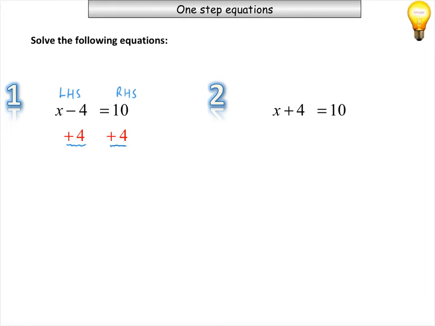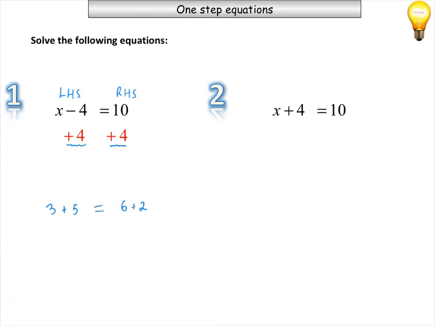And let me just go through a simple scenario of why we add 4 to both sides, or do the same operation to both sides, by looking at this simple case. Okay, so 3 plus 5 we know is 8, but I'm going to write 8 in a different way.